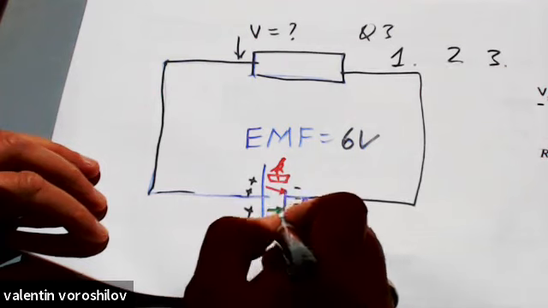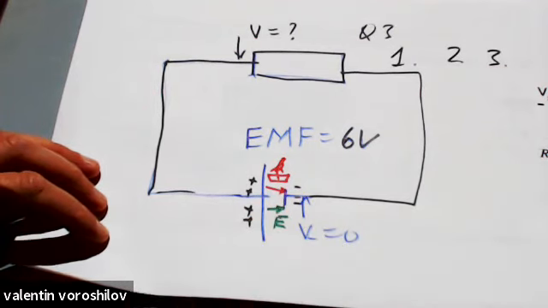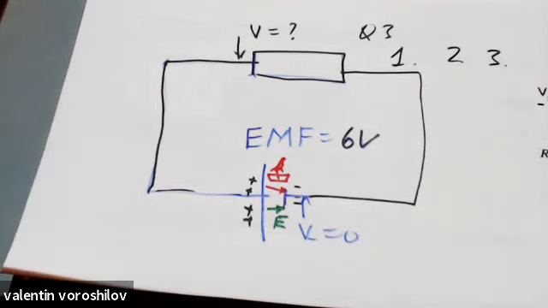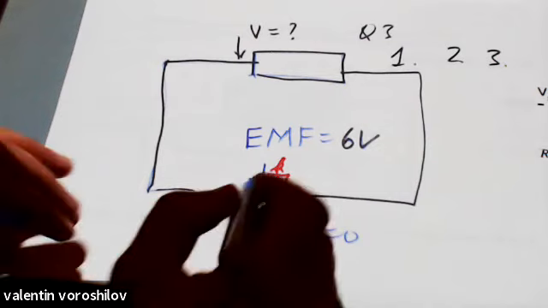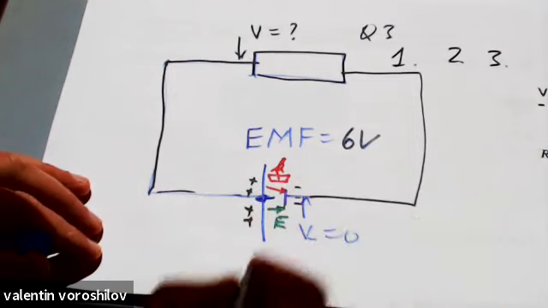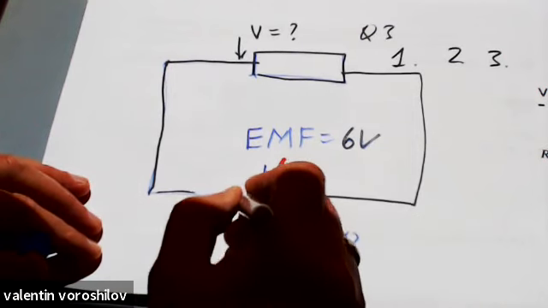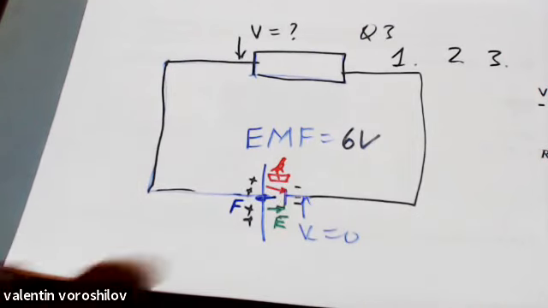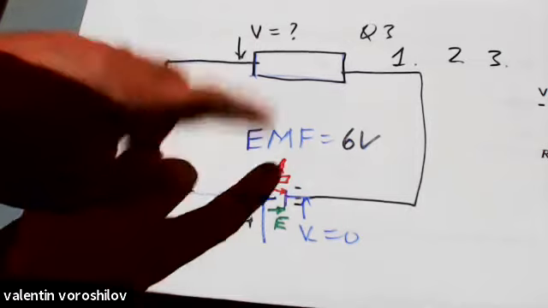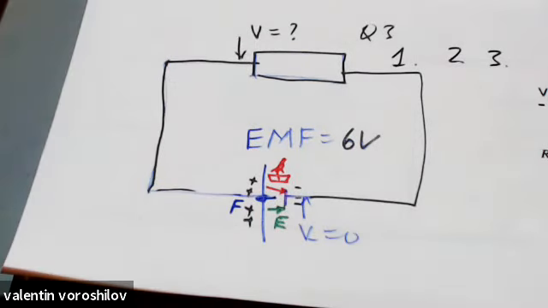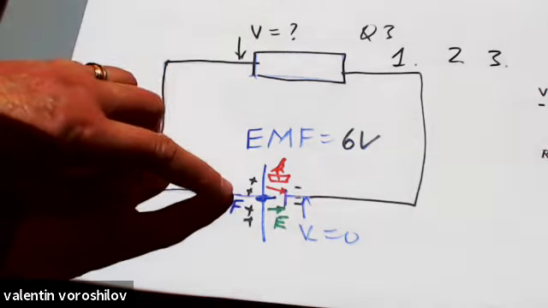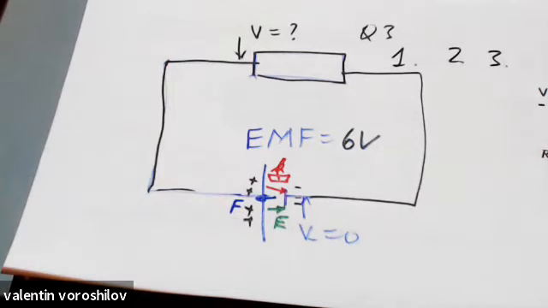If this green letter and arrow represents electric field strength, the force from the electric field on these electrons points opposite to the field. But those tiny demons, we call them diffusion, actually make electrons move against the force. That's how a battery works.